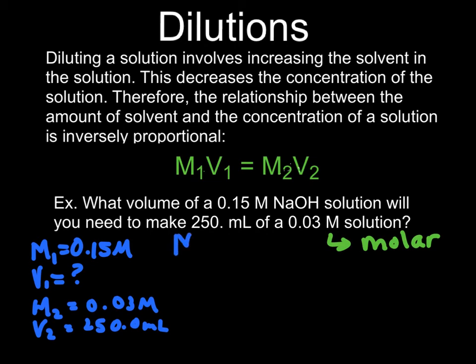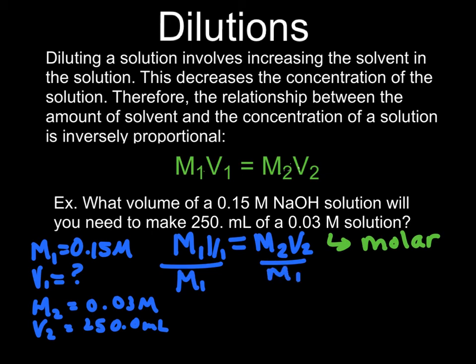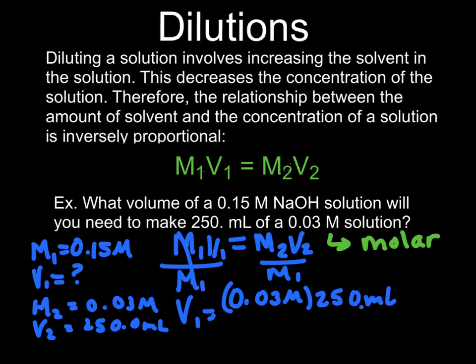So we have M1V1 equals M2V2. We need V1, so we're going to divide by M1. So our V1 is equal to 0.03 molar times 250 milliliters, don't forget the decimal, divided by 0.15 molar. Your molarities cancel.